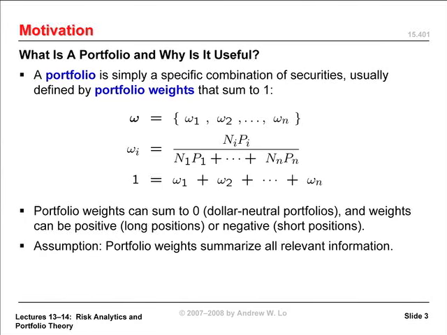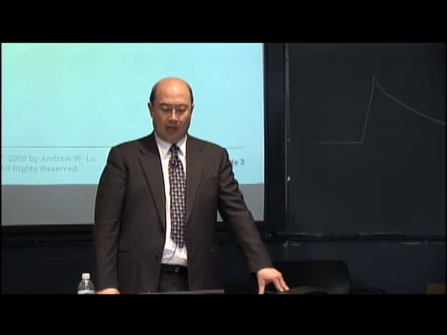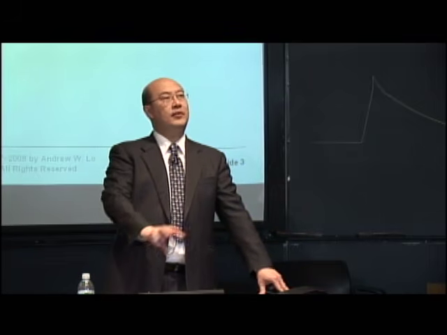And if you want to be clear about how to define it, it's simply the number of shares of security i multiplied by its price, divided by the sum of all of the values of your securities in your entire collection, right? Any questions about this? Very basic stuff, but it's important to get it right up front, okay?